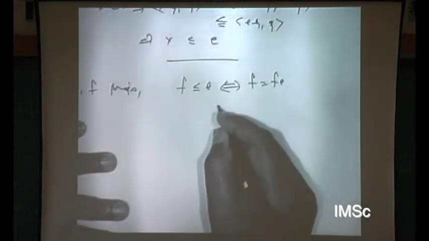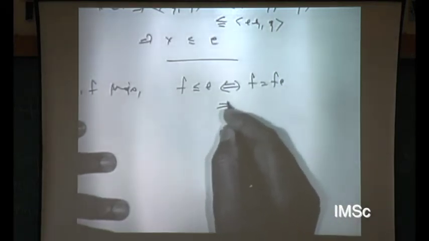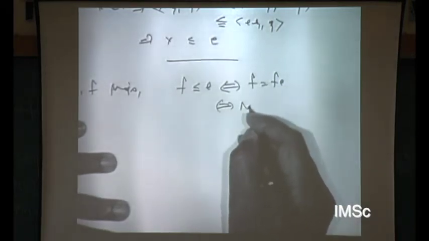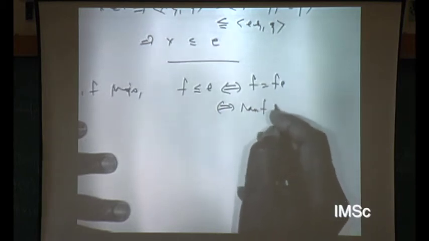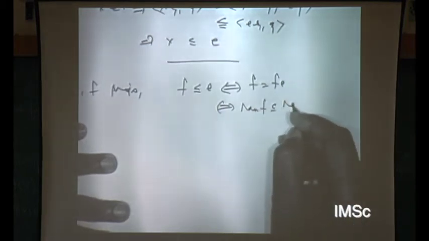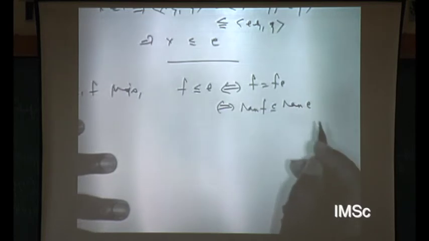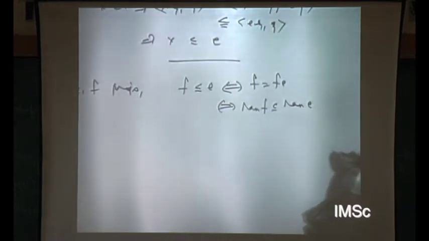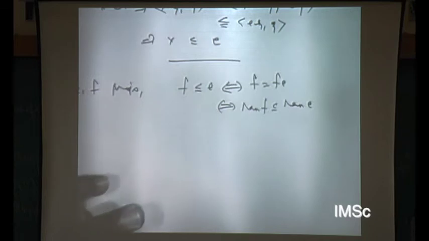And geometrically this corresponds to range F contained in range E. So the order for projections that comes from positive operators is the same as the order for range inclusion.